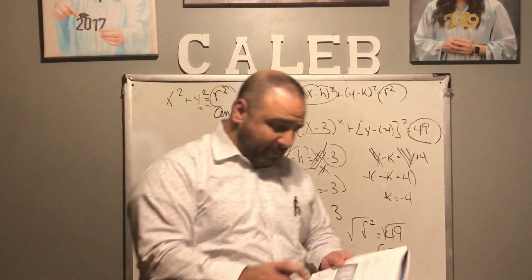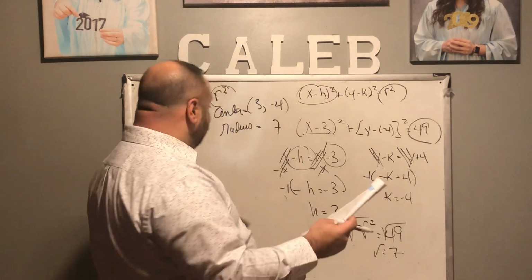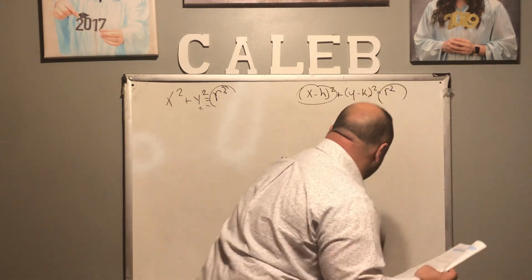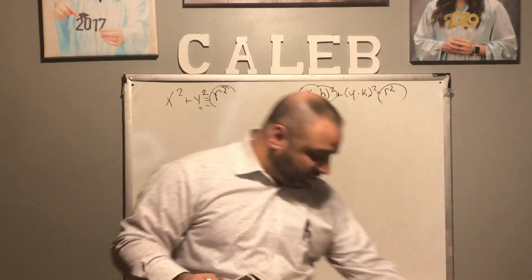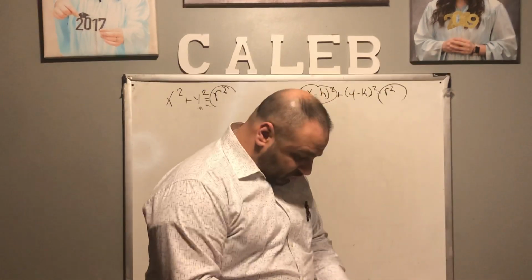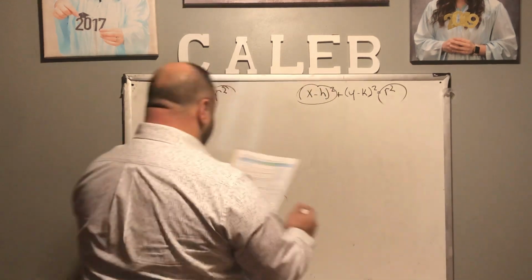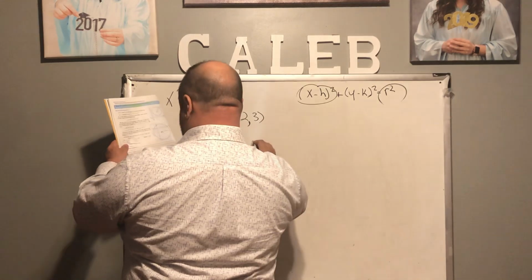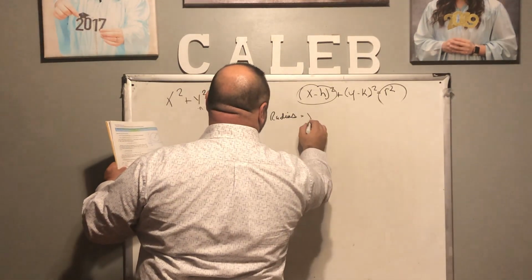All right, so let's do a couple. Let's do number 2 on the bottom of page 35. It's good to practice here. Again, we're using each element of this equation in order to solve. Looking at number 2, our center is 2, 3, and our radius is 8.